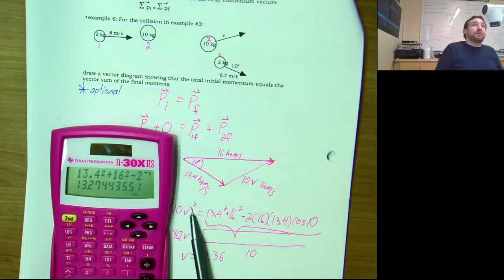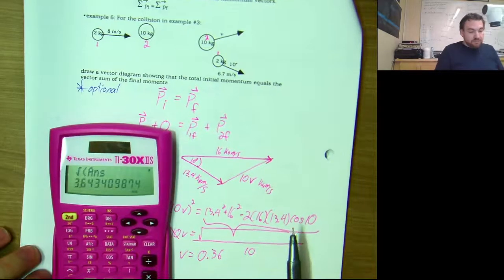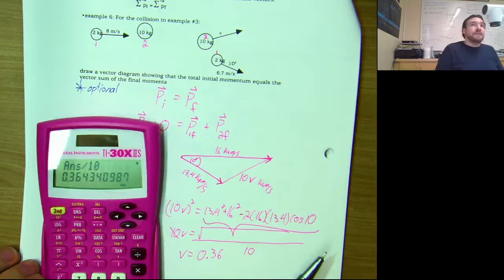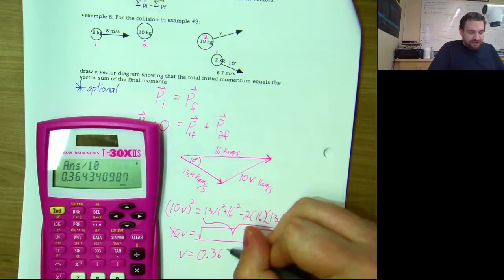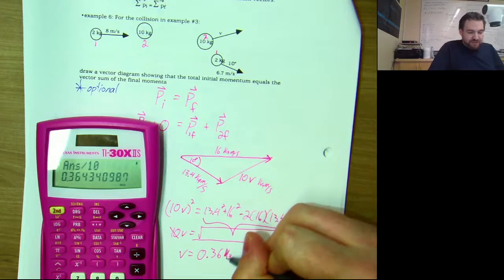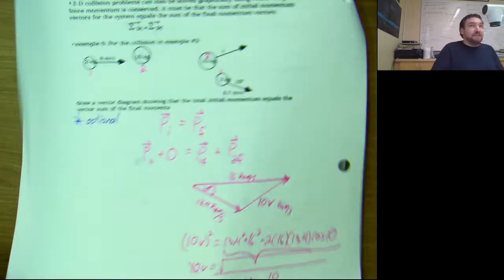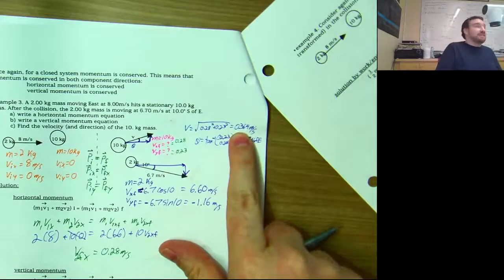Now I'm going to take the square root of it. And then we're going to divide by 10. Because I don't want 10v, I just want v. 0.3643 and so on meters per second. Okay? Which, if I flip back, is the same velocity we found before.